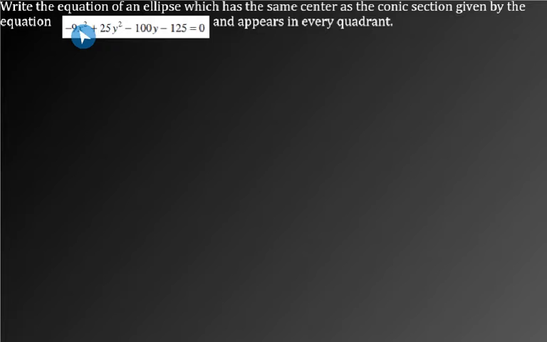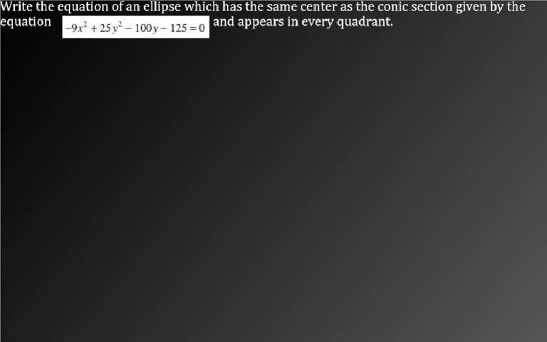Because we can see we actually have a perfect square in x. We don't have any other x terms, so that's a perfect square. But we'll have to complete the square on the y stuff in order to get a perfect square there. So what I'm going to do is I'm going to divide by 25 first, just to make it a little bit easier to complete the square here.